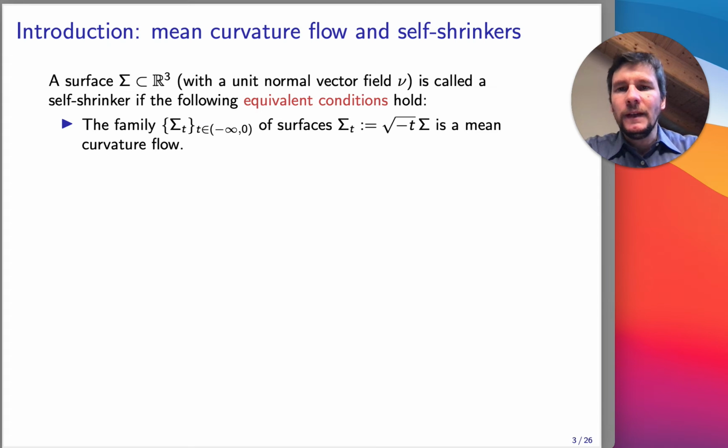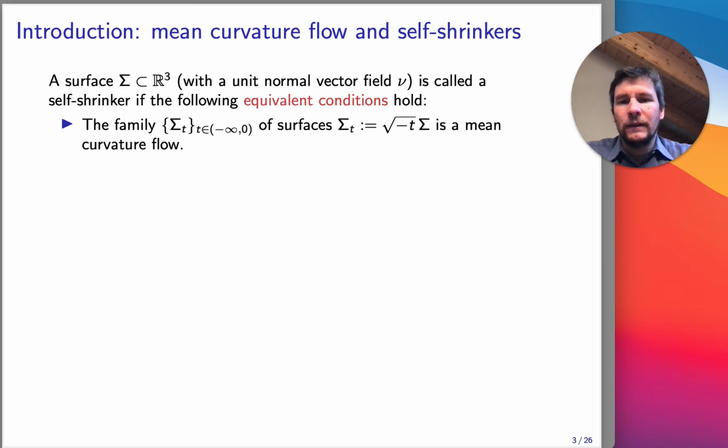Okay, so a self-shrinker, as I have just explained, can actually be seen as a fixed object that would just evolve self-similarly under the flow. So that's our interpretation here. So it's not a mean curvature flow that evolves self-similarly, but it's just one object, sigma, so that the mean curvature flow actually does nothing else than scale our sigma.